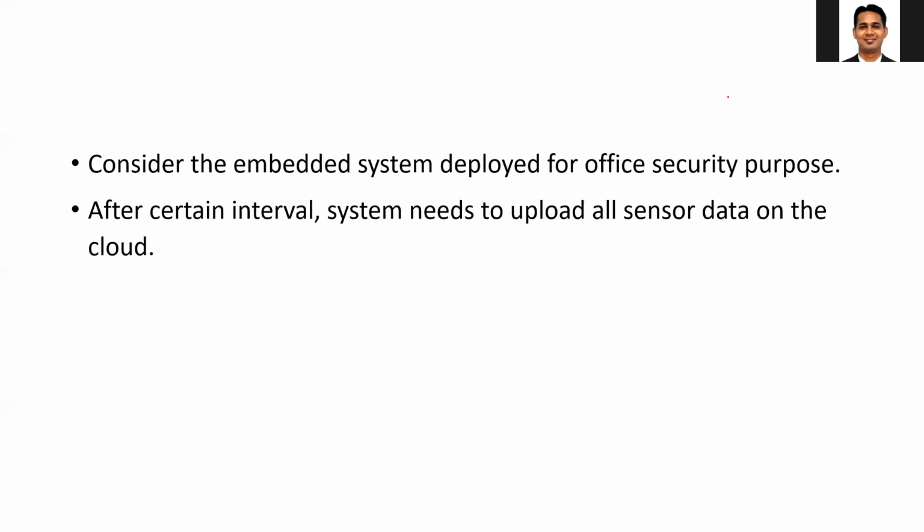To start with, consider an embedded system deployed in an office for security purposes. This system may consist of different sensors, a camera, and memory or a data center. It needs to upload all the sensed information, which consists of sensor data, images, or video, onto the cloud at regular intervals.